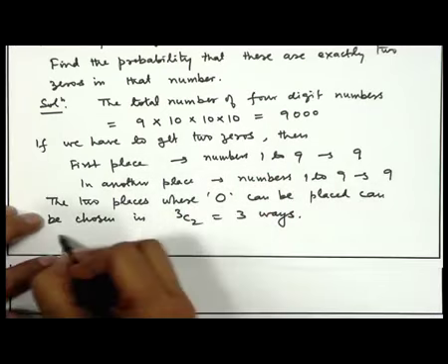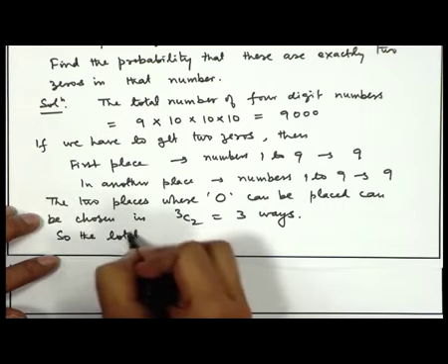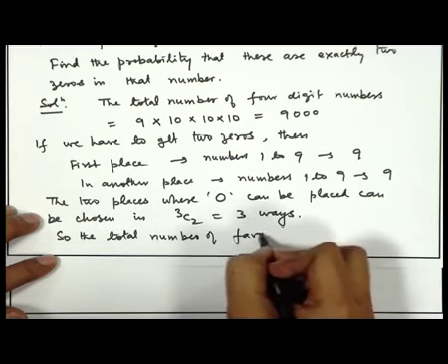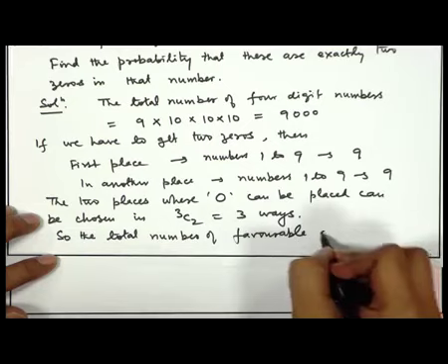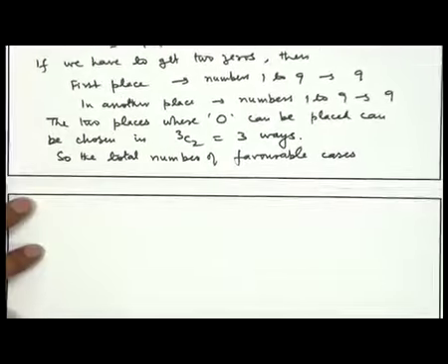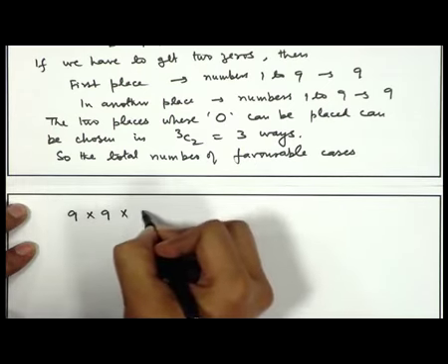So, the total number of favorable cases is 9 into 9 into 3.